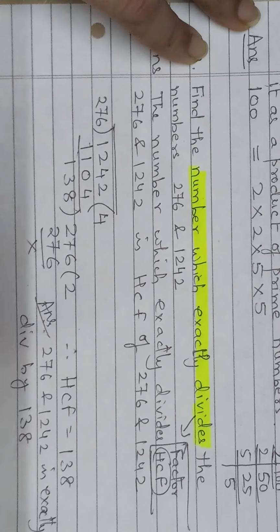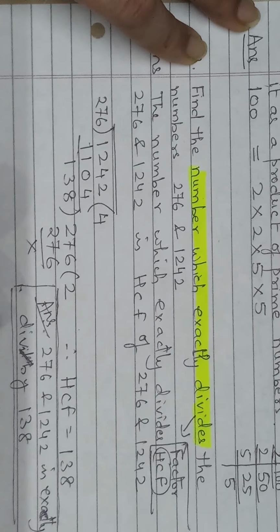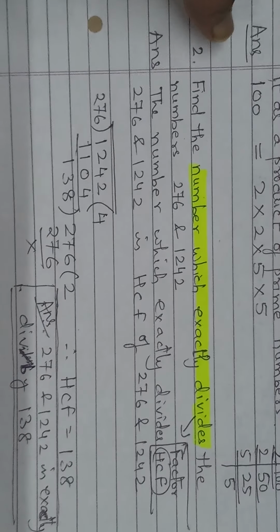So this is the answer to what we were asked, which is the number which divides both the numbers. So this and this is exactly divisible by 138.